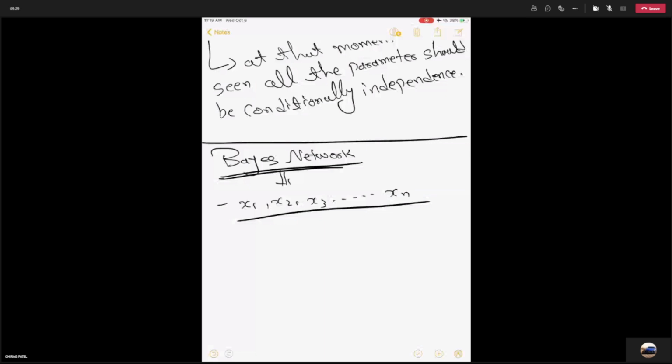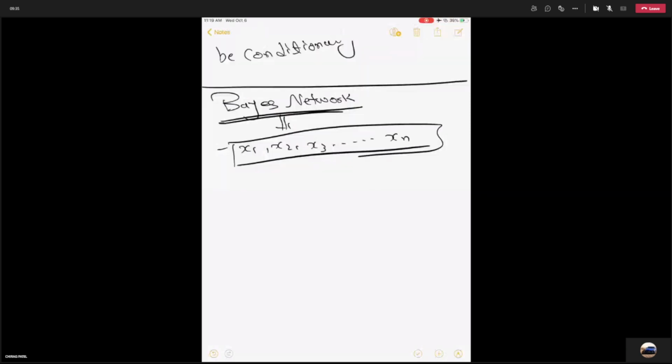These all represent nodes in the Bayes network.